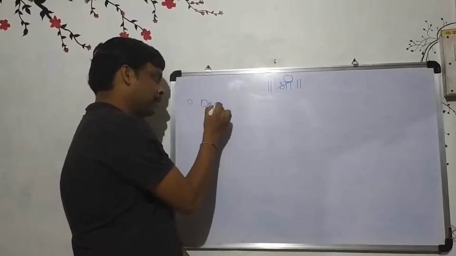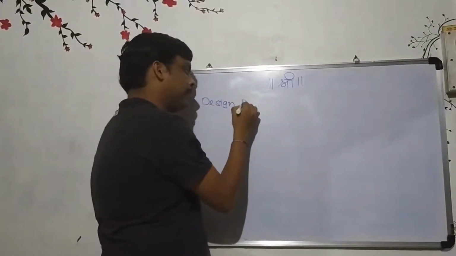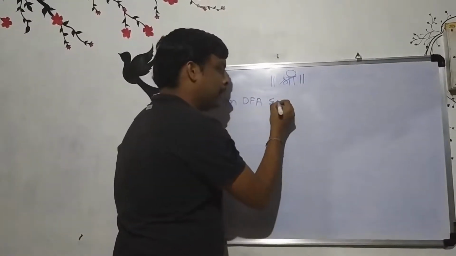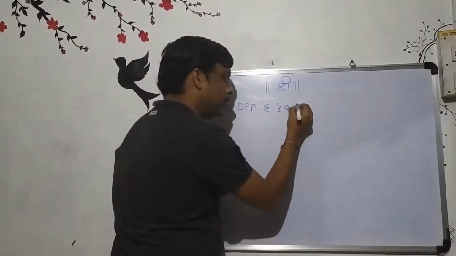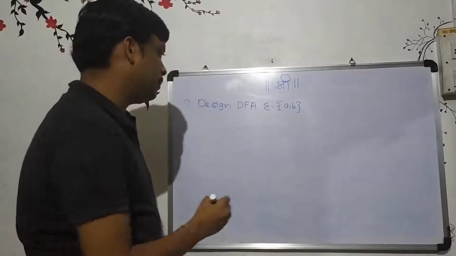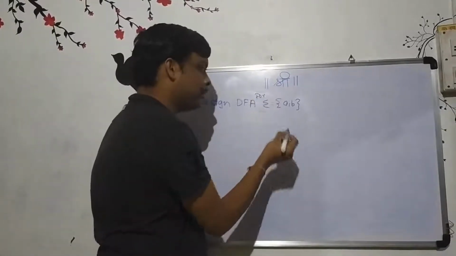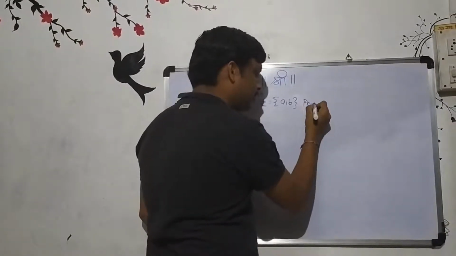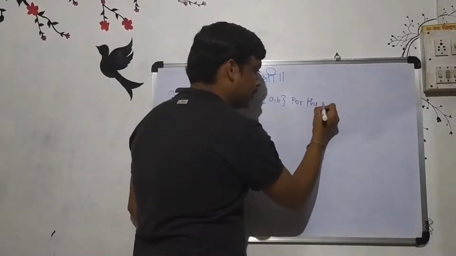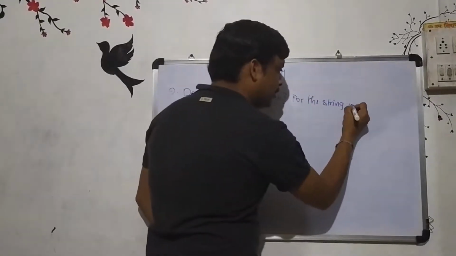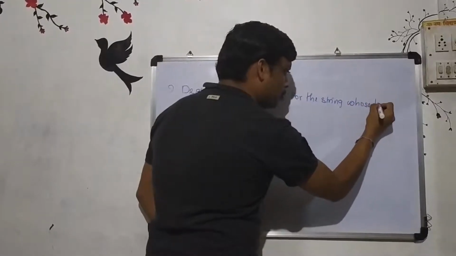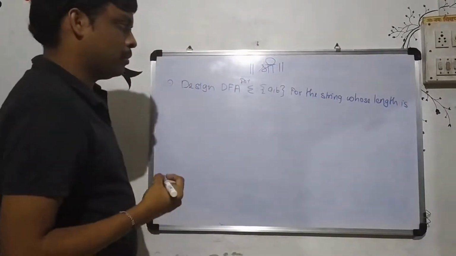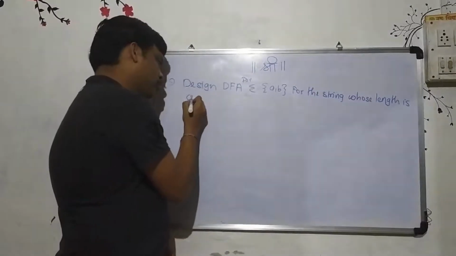If a problem is given like this: design a DFA for input alphabet sigma, where sigma contains A comma B, for the strings whose length is at least 2.